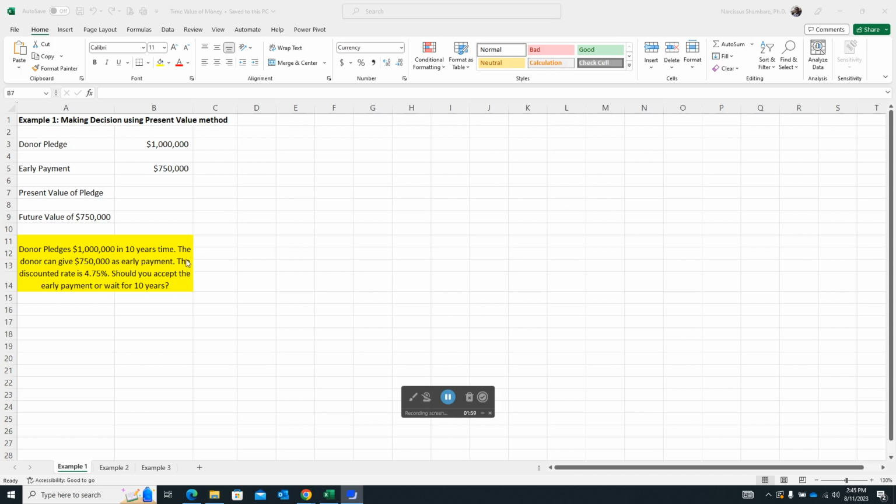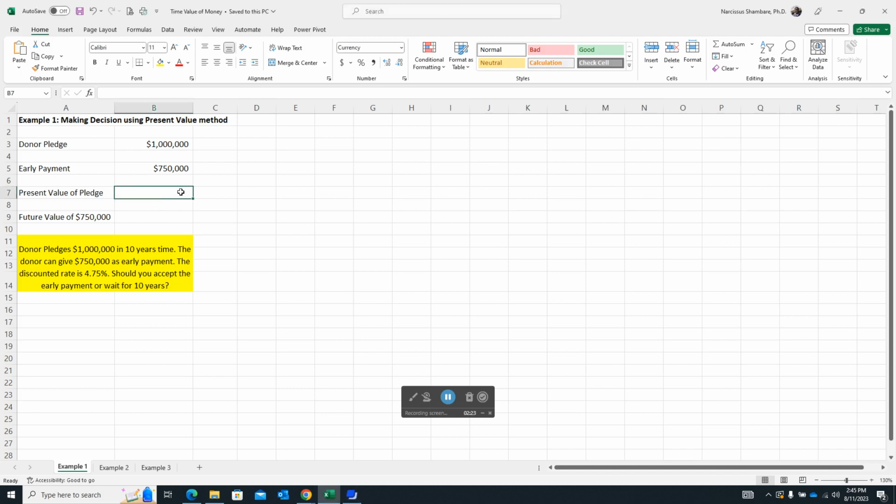Using the same concept, we can also figure out the future value of $750,000 in 10 years' time. So if we get the money today and invest it, we're using a discount rate of 4.75%, which is the basis for discounting this amount.